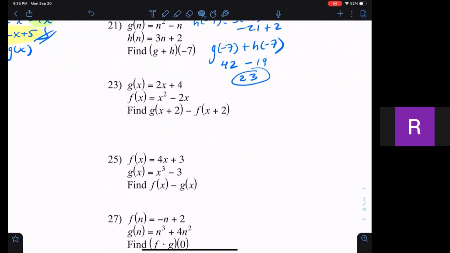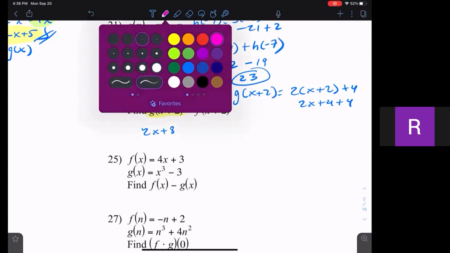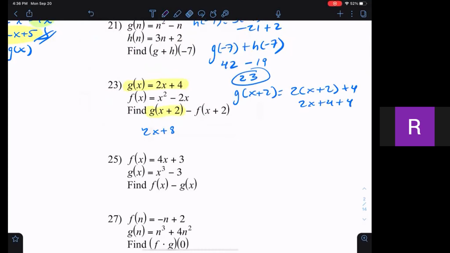Here you have g of x plus 2 minus f of x plus 2. So you need to plug each in each function, right? So I need to plug the g here, right? So that's going to be g of x plus 2 in that function, right? So that's going to be 2 times x plus 2, plus 4. So that's going to be 2x plus 4 plus 4. That's going to be 2x plus 8. And f of x plus 2, right? This is going to be minus. Plug this here.